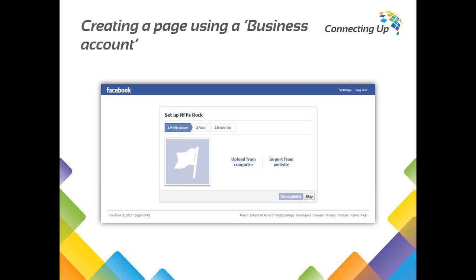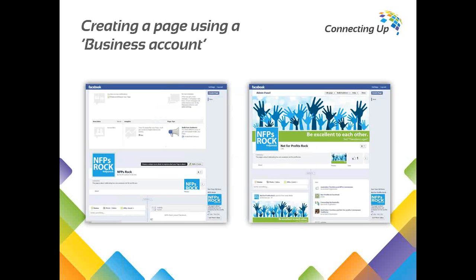If you have that handy, you can upload it straight away and jump to the next step. And already you will see on the left here that the page is already set up. You've got your profile picture, your description about what your organization does, and you can enter that later on, and you can start posting as well.